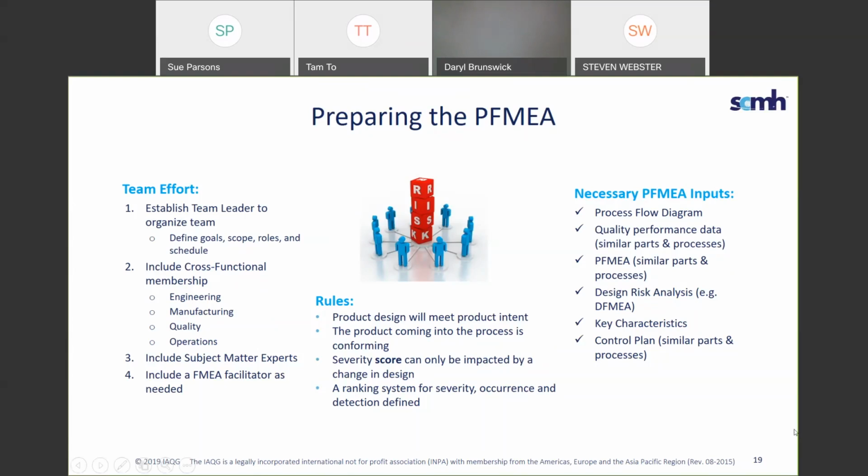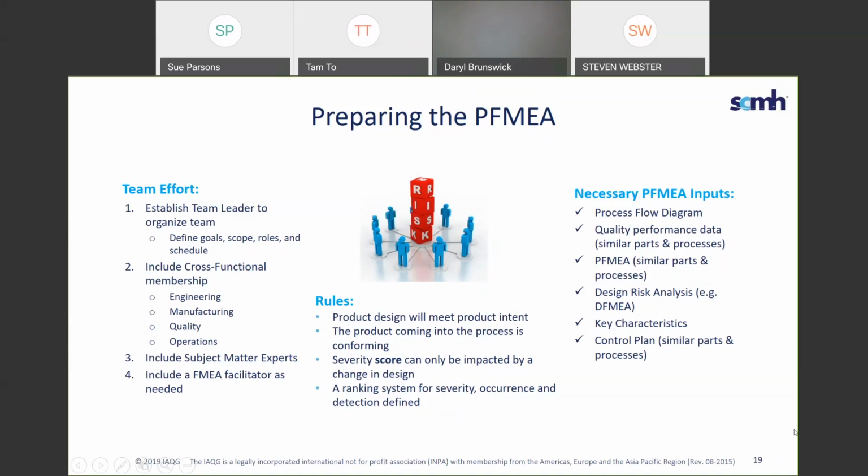So the rules: product design will meet product intent. So you don't look at the design and say the design's bad. It might lead to that, but as designed, the product will meet the intent. It may lead to that when you get to tolerances and how it's put together, but you have to assume the product is designed and meets the intent.